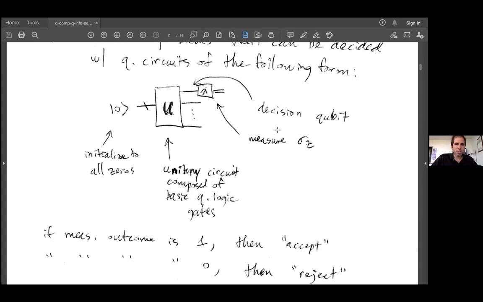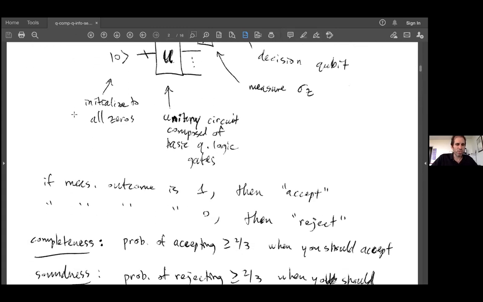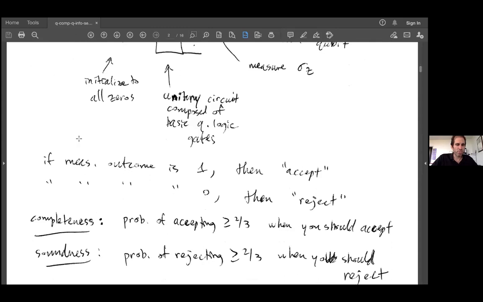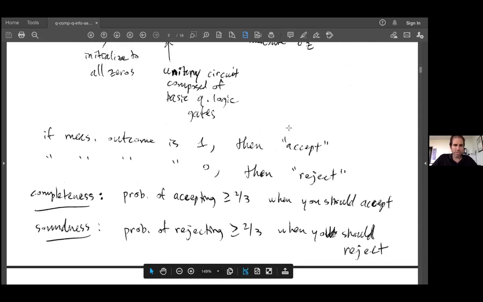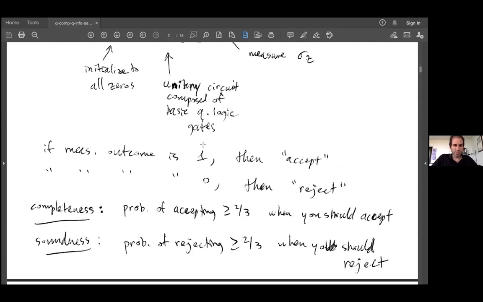With this complexity class BQP, and with most complexity classes, there's a notion of completeness and soundness. Completeness is that you're accepting when you should accept, and soundness is that you're rejecting when you should reject. Since quantum computation is probabilistic, we give these thresholds, and this number 2/3 is a bit arbitrary, but it's a common choice.